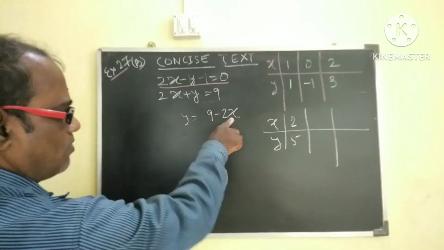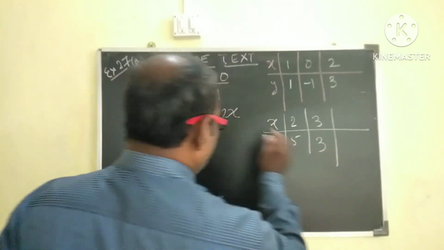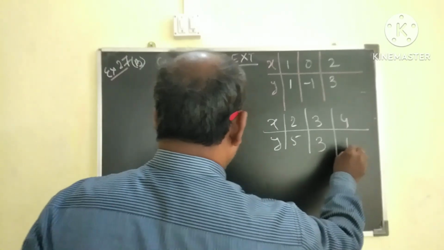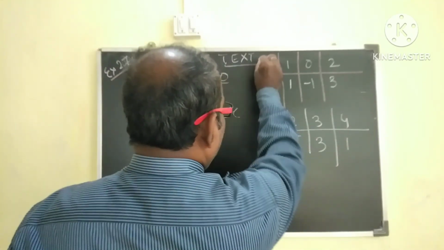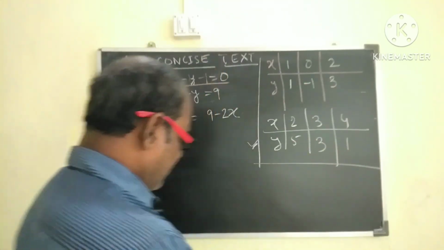Next, take x equals 3, 3 twos are 6, y equals 3. Next, x equals 4, so y equals 1. 9 minus 8 is 1, so y equals 1. So now we have this, so we can go with the graph.